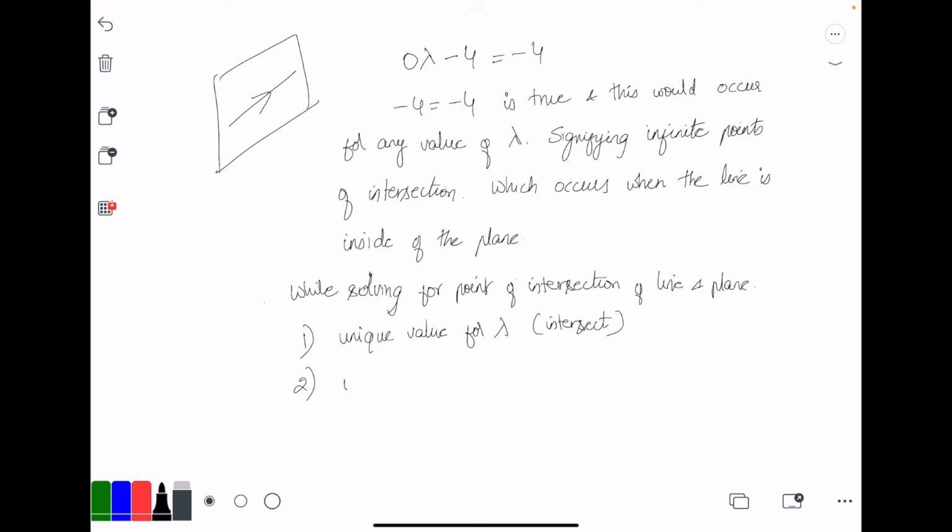If we get infinite values, something of an equation like 3 equal to 3, then the line lies on the plane.